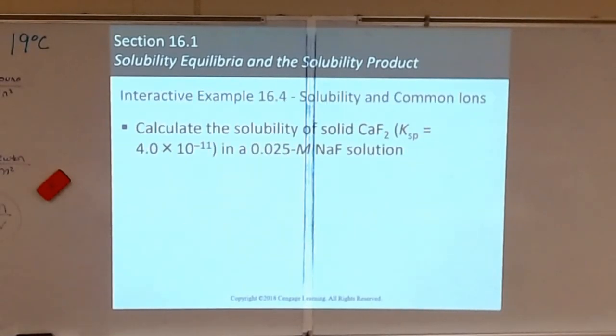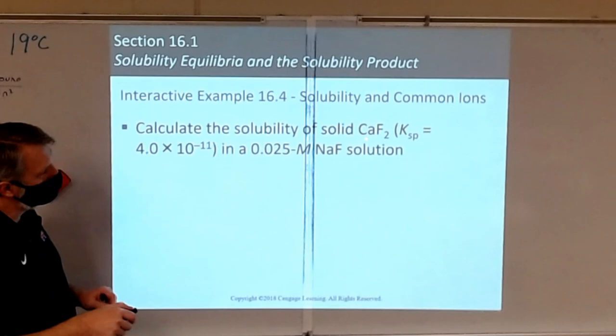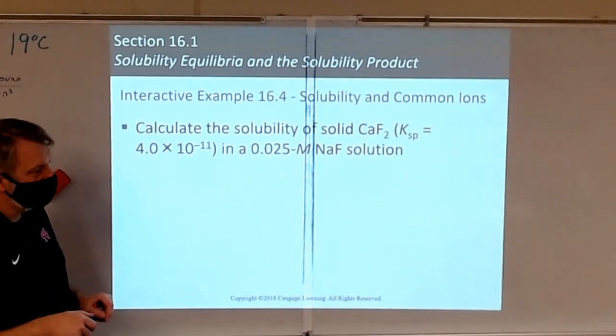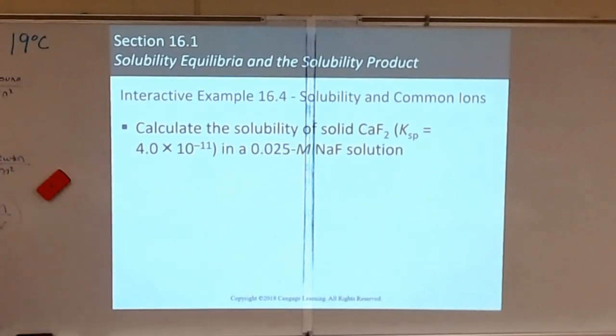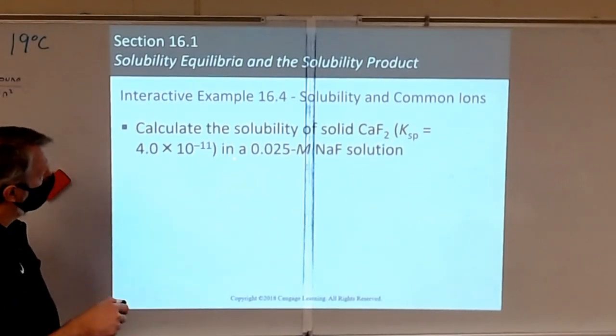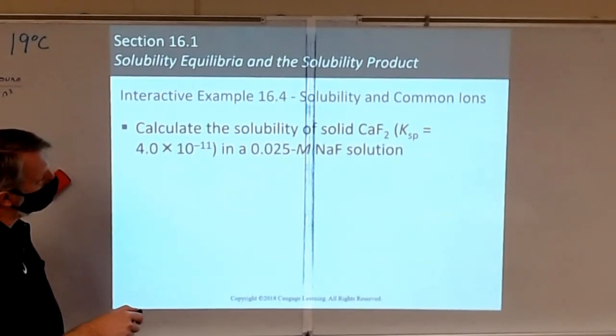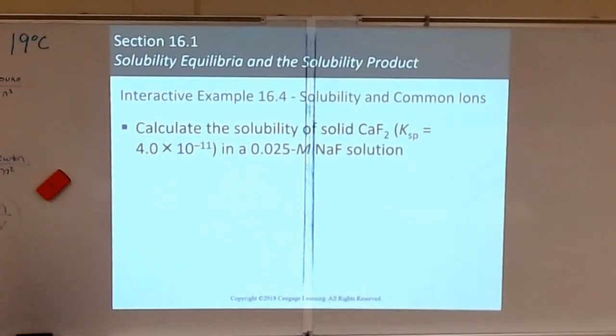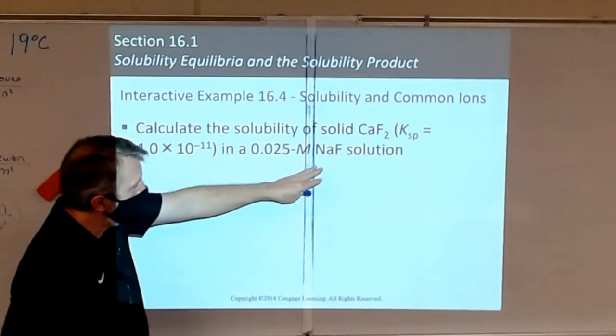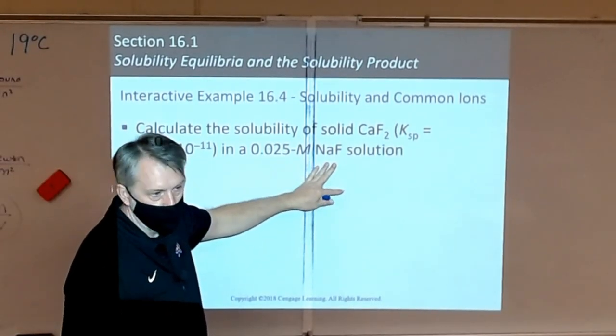Here we go. I've got solid calcium fluoride. Good, page 4 for those of you who are still at home. So there's KSP, in a 0.025 molar sodium fluoride solution. Now sodium fluoride is going to be totally soluble, right? Because it's sodium.